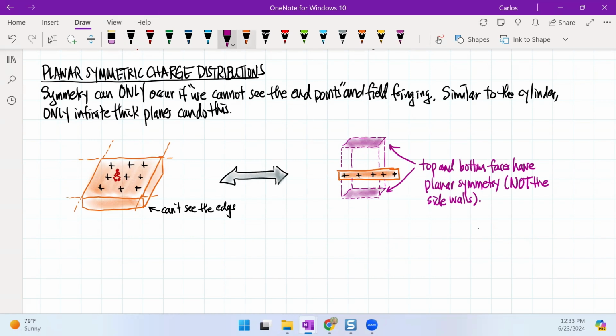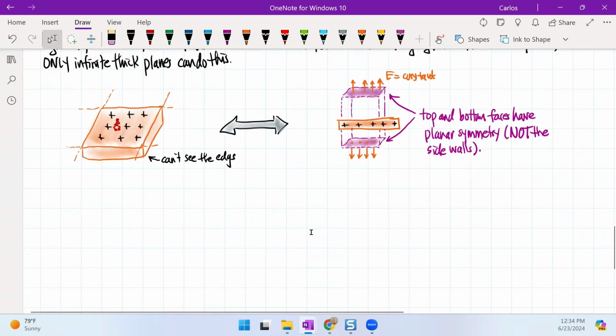So then my Gaussian says that everywhere I see this, I can have a constant electric field on these planes, where E is equal to a constant.